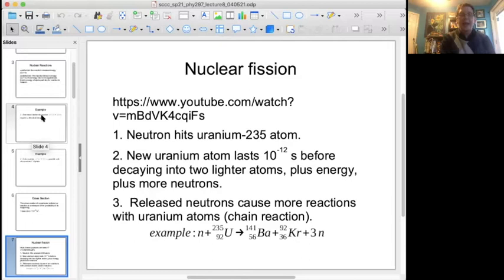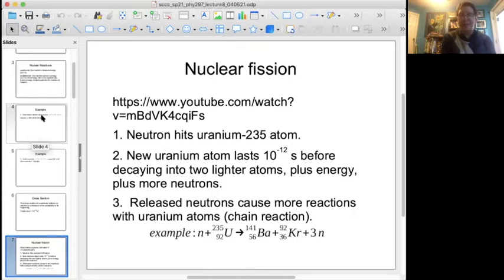And so the released neutrons go flying around and hit more uranium atoms, causing more fission, which releases more neutrons that hit more uranium atoms and so on. That's called a chain reaction. The basic reaction is described as a neutron plus uranium-235 becomes barium-141 plus krypton-92 plus 3 neutrons.